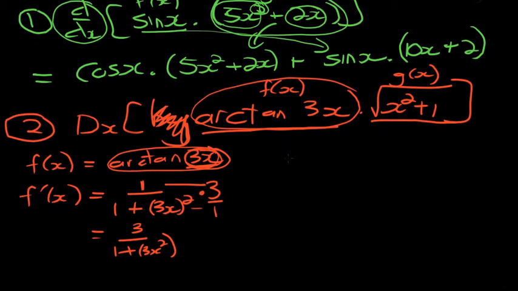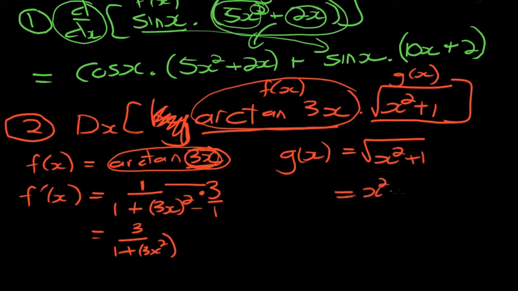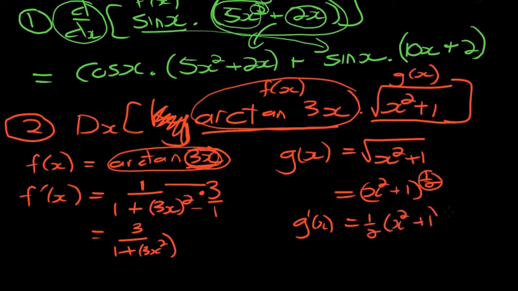Let's even do the square root of x squared plus 1. If you rewrite that, it will be x squared plus 1 to the power of a half. Now if you get the derivative of that, you put the half to the front, x squared plus 1, and you subtract 1 from the power, so it will be negative a half, then you multiply with the derivative of the inside.